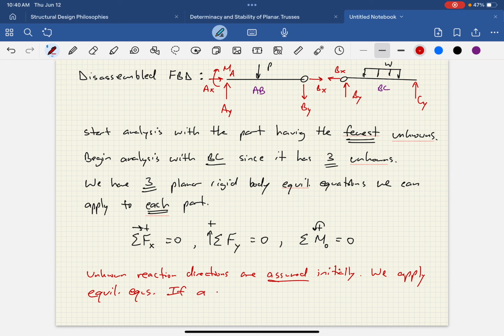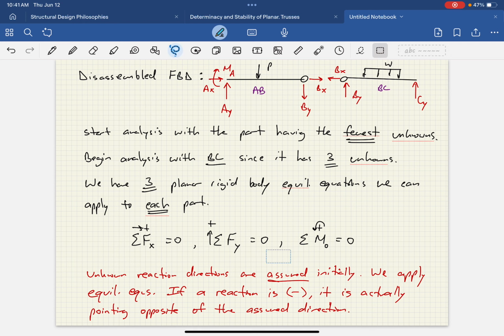If a reaction comes out negative, it is actually doing what? It is actually pointing opposite of the assumed direction, okay? And so we've seen this concept before, right? We've seen this concept here before when we first learned about calculating unknown forces in systems, okay?